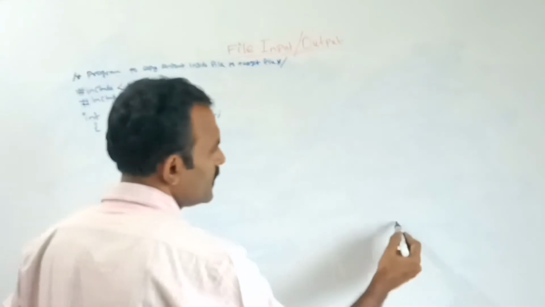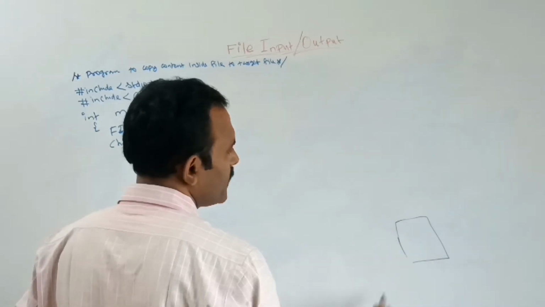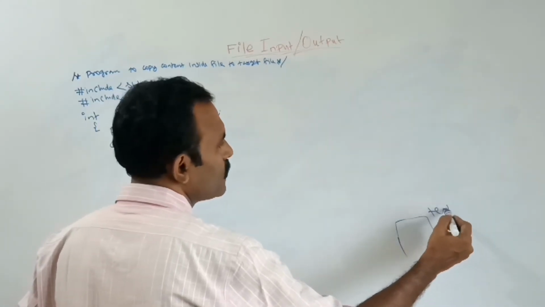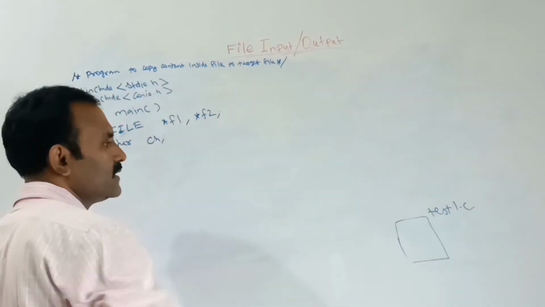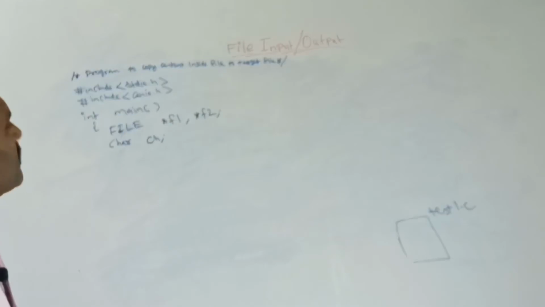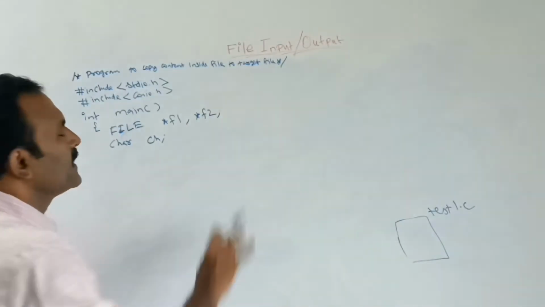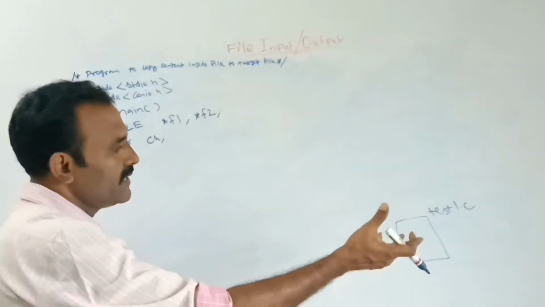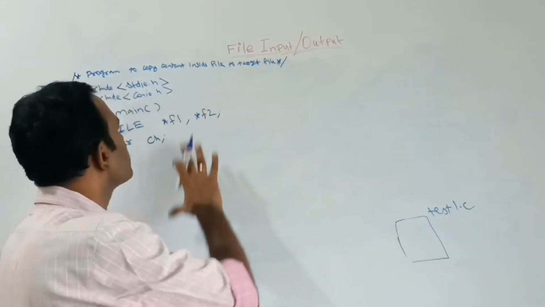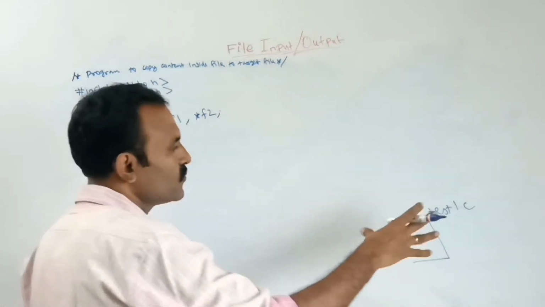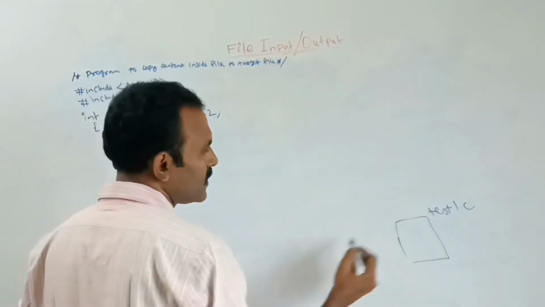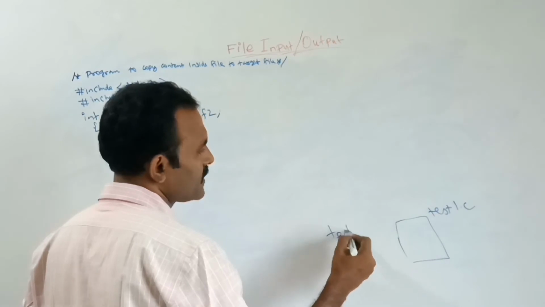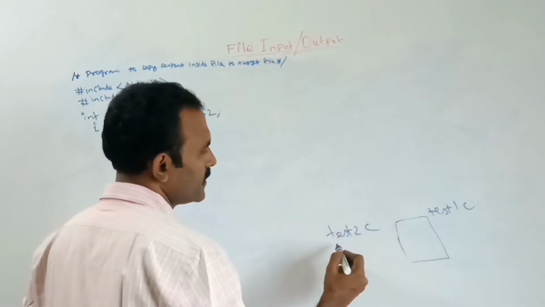As usual, let us take test1.c. This file should exist. If you run the program without this file, then that file will not be found. So before executing this program, these two files should be in the same directory, in the same location. Next file, let us assume test2.c.